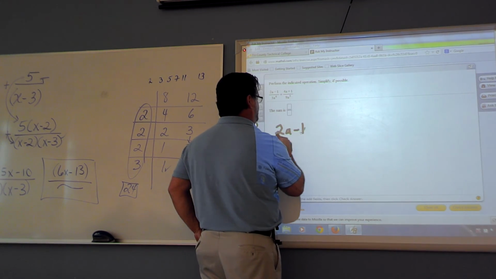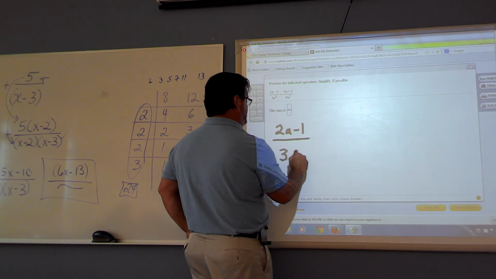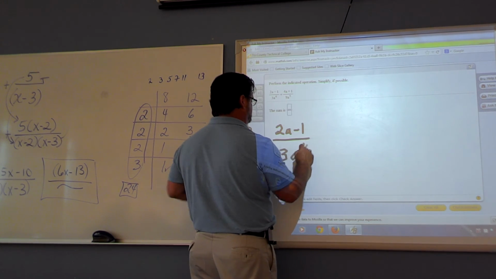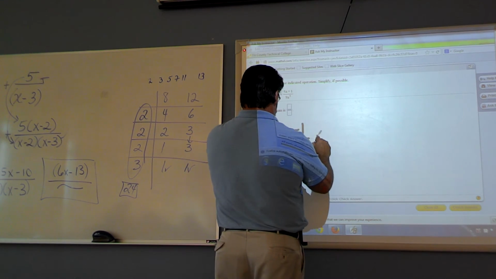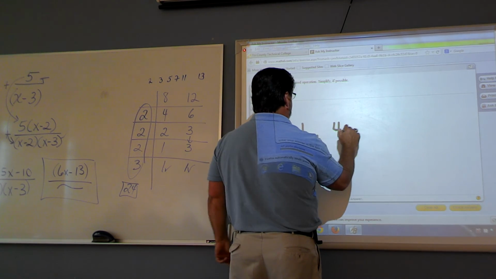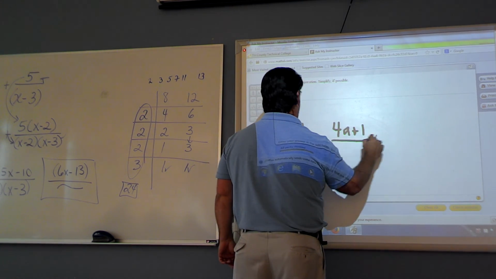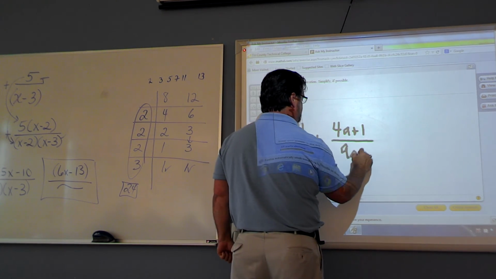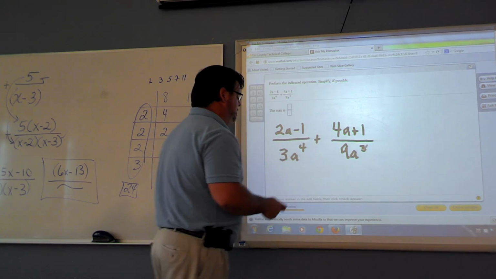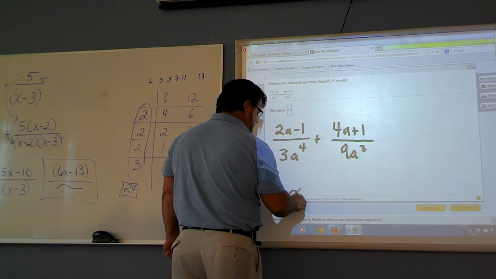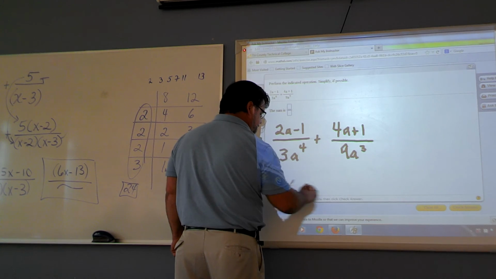2a minus 1 over 3a to the 4th plus 4a plus 1 over 9a cubed. Common denominator, we said, is 9a to the 4th.